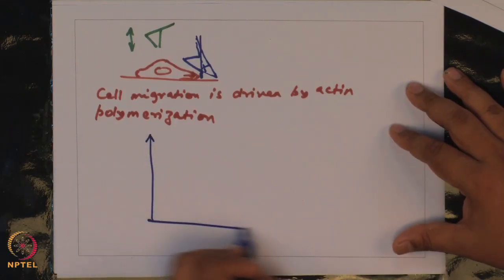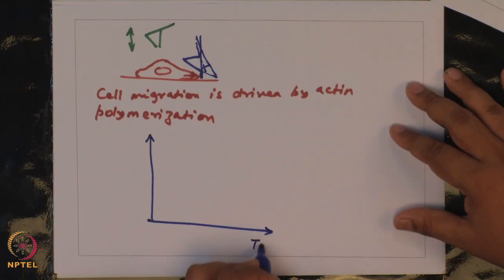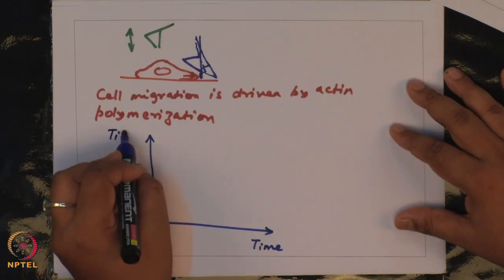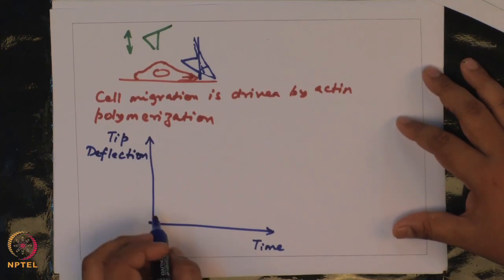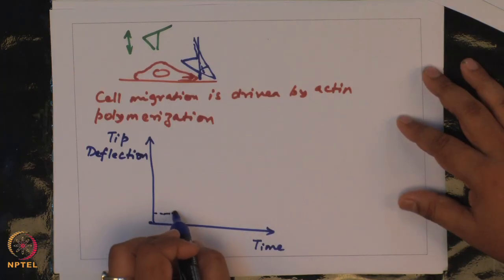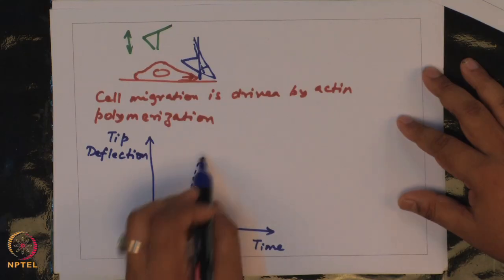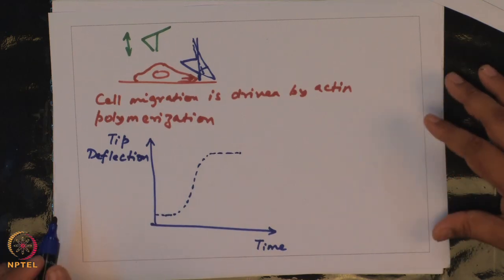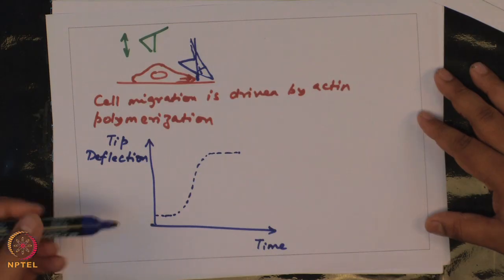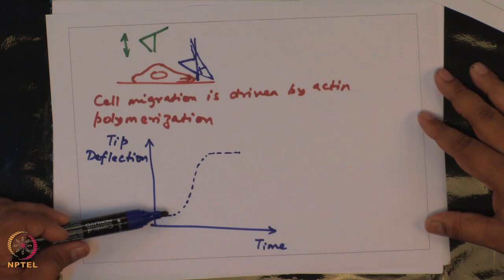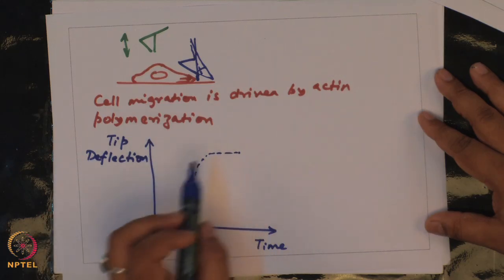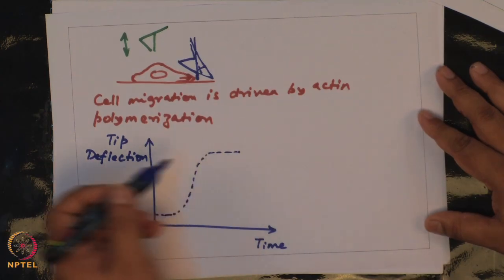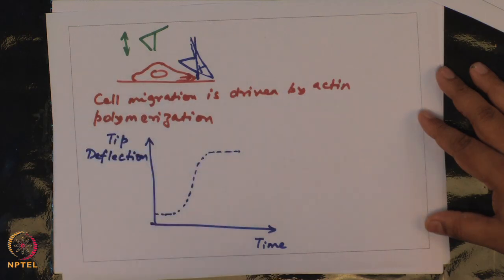If I track the tip deflection or displacement as a function of time, you can expect to get a curve. As time goes on the cell keeps pushing and pushing, which leads to an increase of the deflection, and once a certain force is reached the cell cannot push the tip anymore. As a consequence the tip deflection plateaus, which means the cell stops pushing.